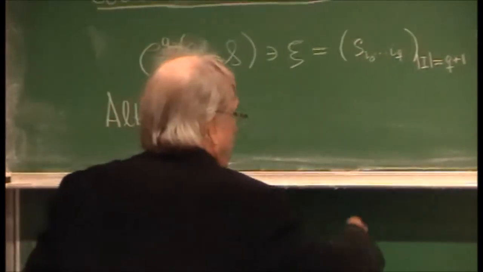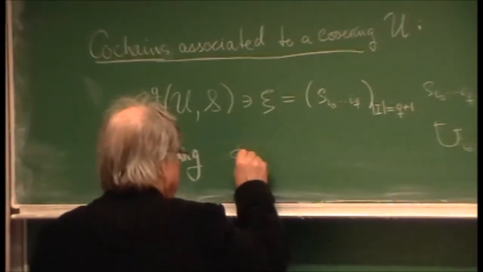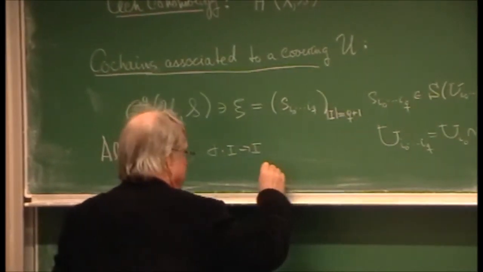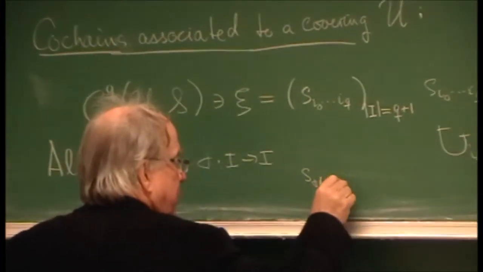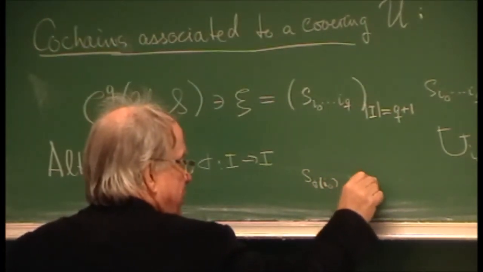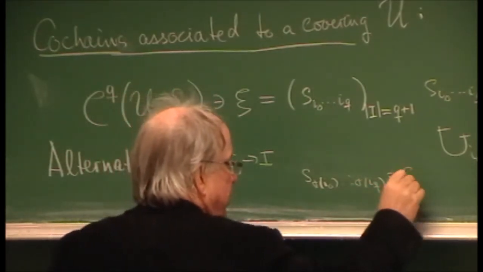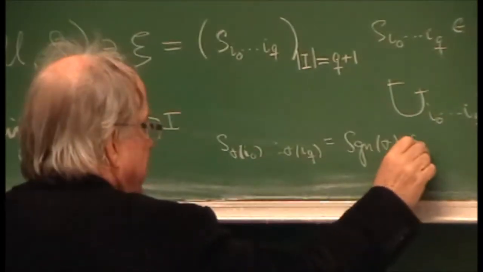So, if you like, sigma is a permutation, so sigma maps I to I, and therefore what you have then is S of sigma I0. So I mean it's just the same thing, but with the sign of the permutation times this thing.